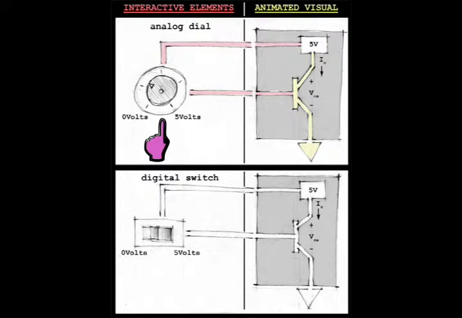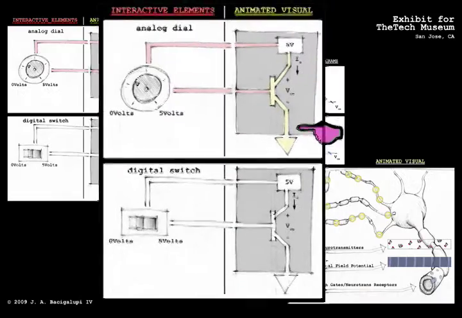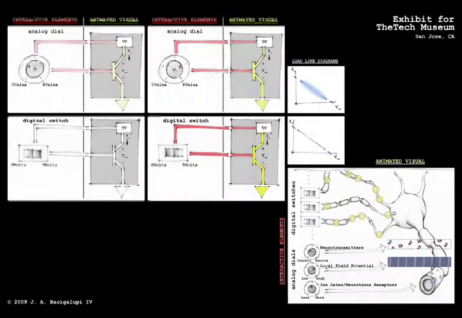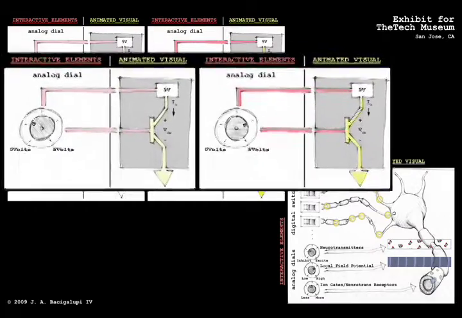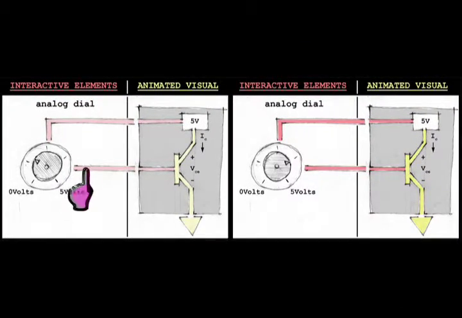So here we have a dial that's analog in the sense that as you turn up the voltage, it biases this transistor and allows more current to flow. Over here, it schematically shows that as the dial is turned, this brighter red indicates more voltage, and this brighter yellow is meant to indicate more current.